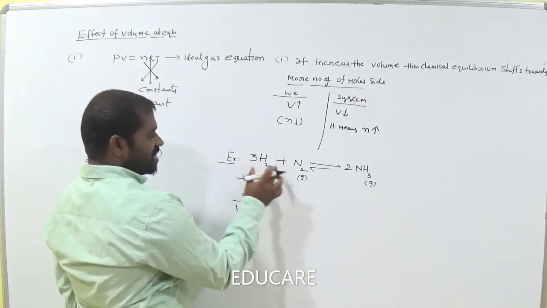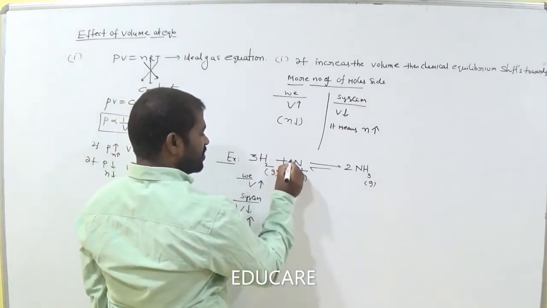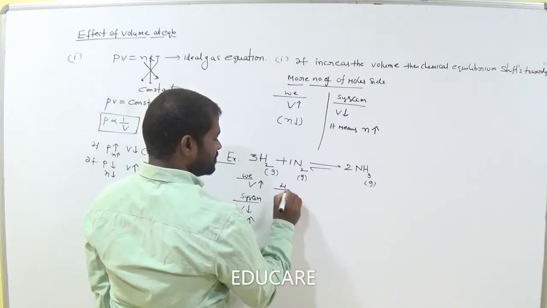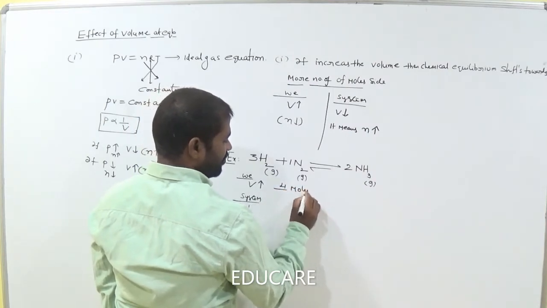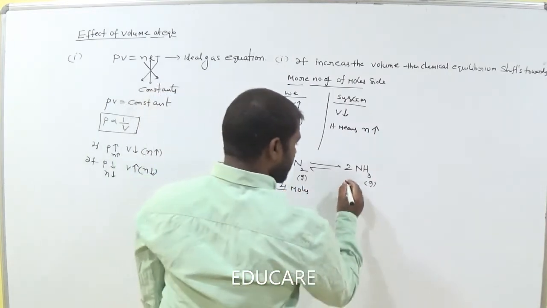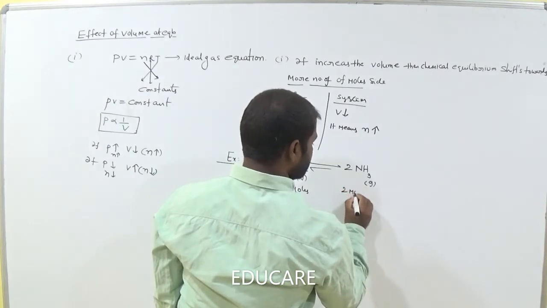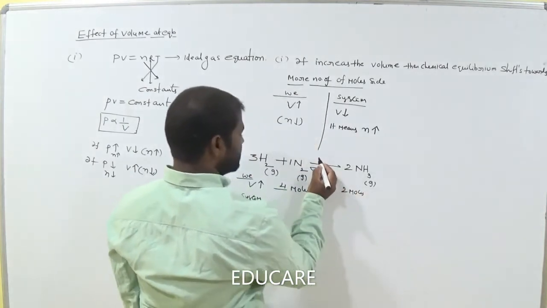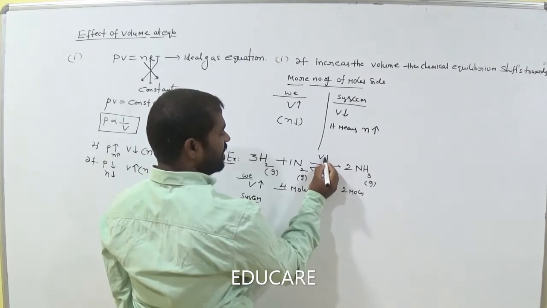Now how many moles are present here? 3 plus 1, that means 4 moles. And what about here? 2 moles. So in this case volume is increased, am I right?